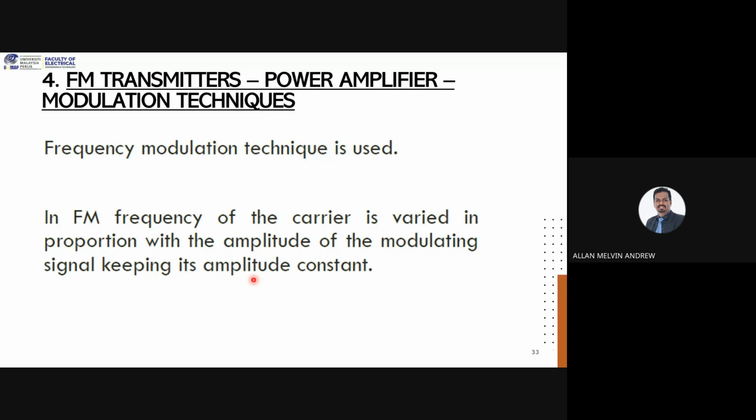and keeping its amplitude constant. Okay, so we have seen in chapter 3 the difference between amplitude modulation and frequency modulation. In amplitude modulation, we are varying the amplitude of the carrier signal, but in frequency modulation the amplitude will be the same, we are just varying the frequency.